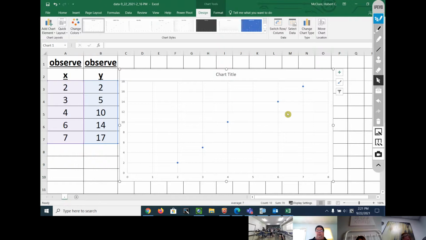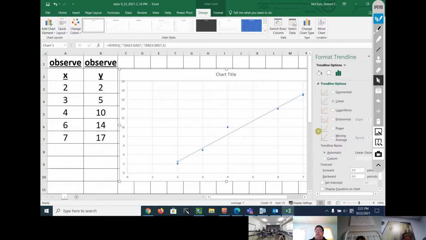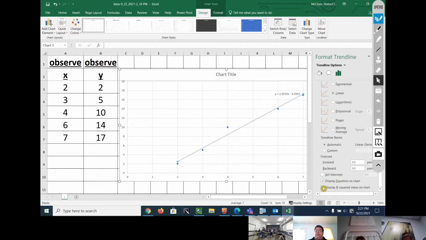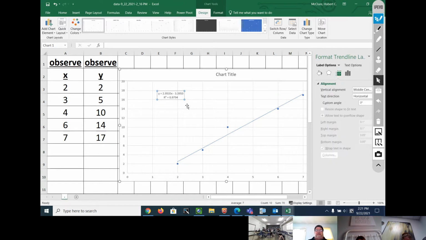Now, I can draw a best fit curve, and we can do that right now. Right click, add trend line, and display the equation. Does anybody have any idea how to explain that line besides that it being the best fit? Can anybody explain that line in layman's terms?